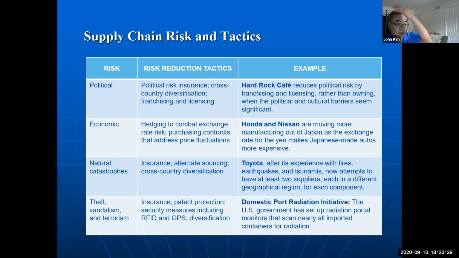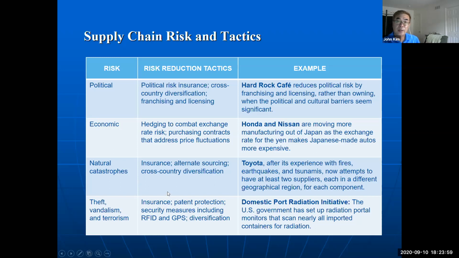If Hyundai had diversified suppliers, not one company in one country, but multiple companies in multiple countries, then maybe there would have been no problem. The problem would not have been much.